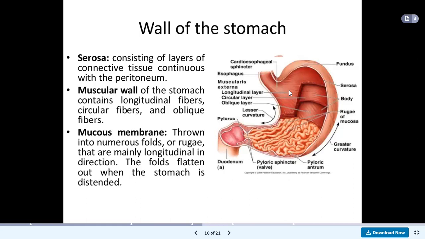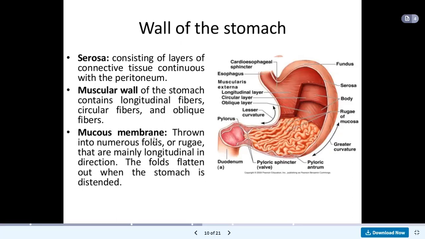So we have the longitudinal layer, the circular layer, and the oblique layer. These outer muscles you see are longitudinal, the middle ones are circular, and the inner muscles are oblique muscles. So these are the muscles that make up the wall of the stomach.